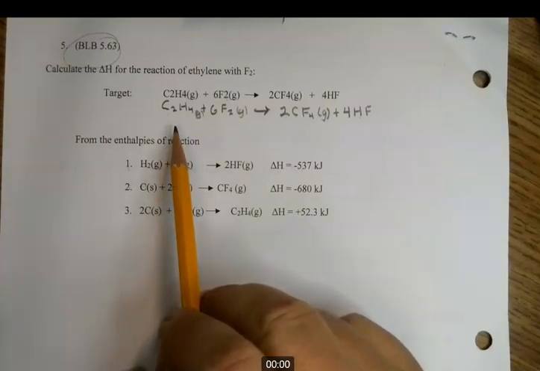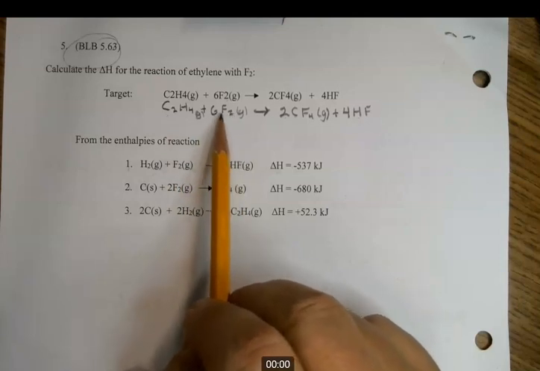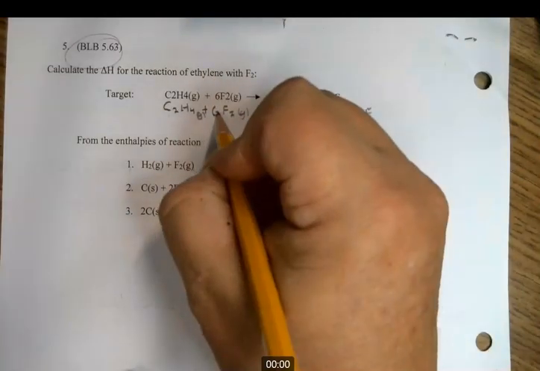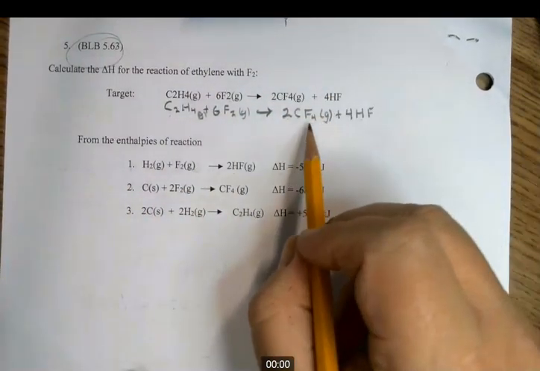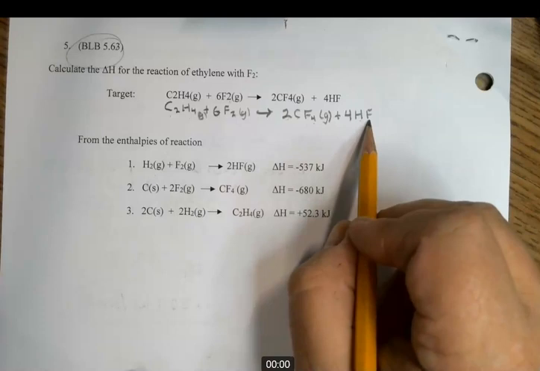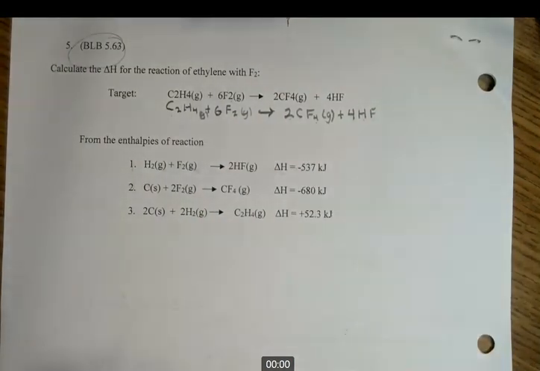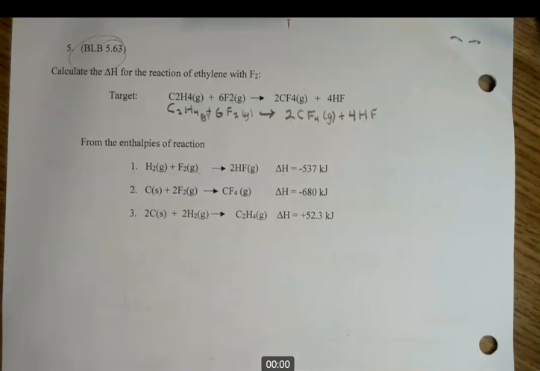We have 6 F2s. So that's 12, 6 times 2 is 12. Over here you have 2 times 4 fluorines, that's 8, and 4 times 1, that's 4. So 8 plus 4 equals 12, so that balances. So the reaction is already in balance.